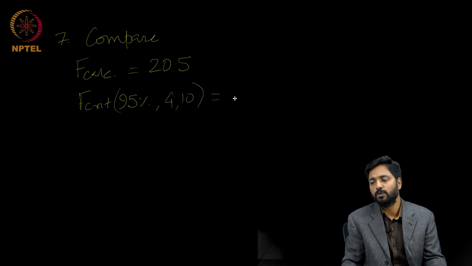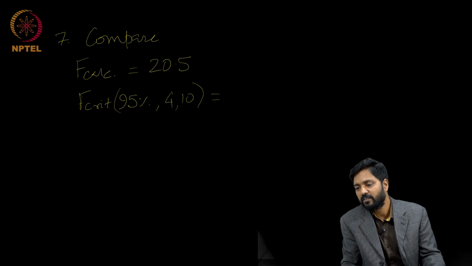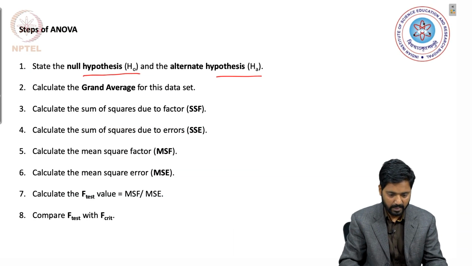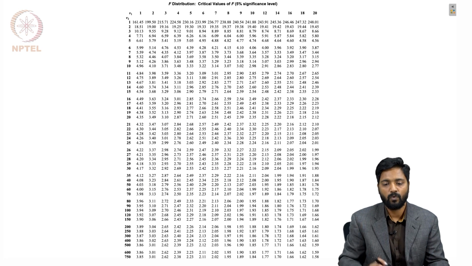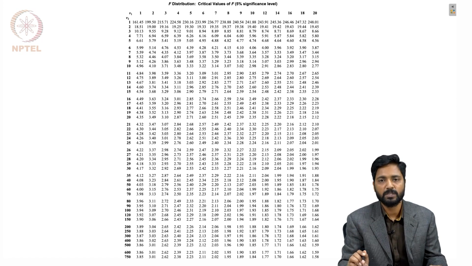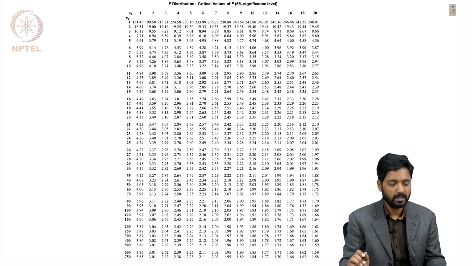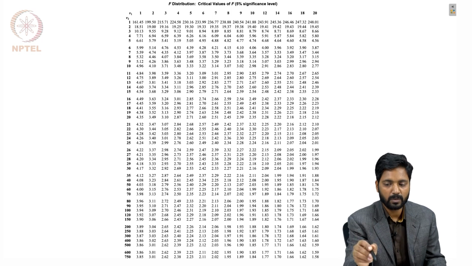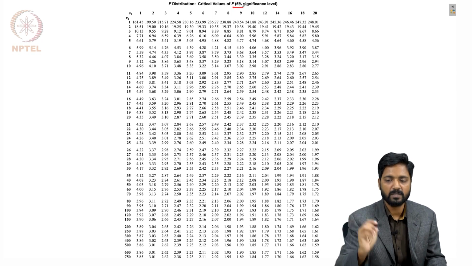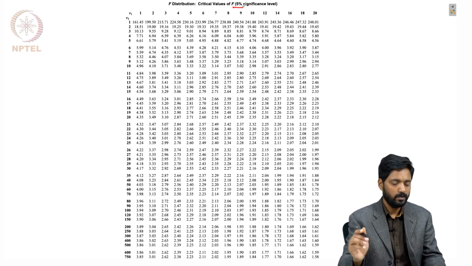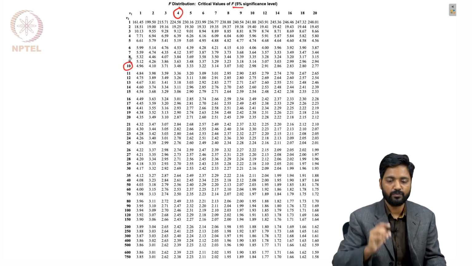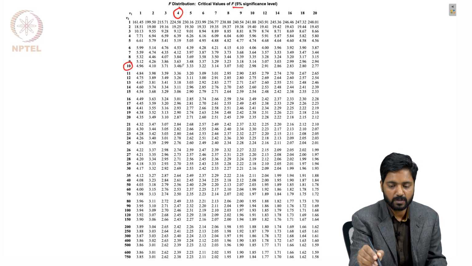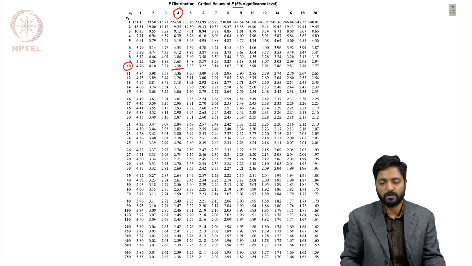So let us quickly go to the F table at 5% significance level and see what this number is for our data point. So we are talking about 5% significance level and 4 degrees of freedom in the numerator and 10 degrees of freedom in the denominator. So our F critical value comes out to be 3.48.